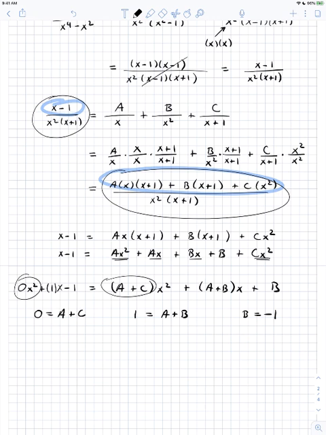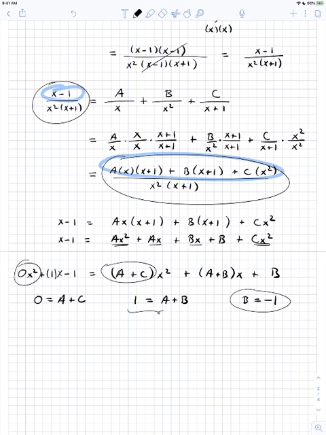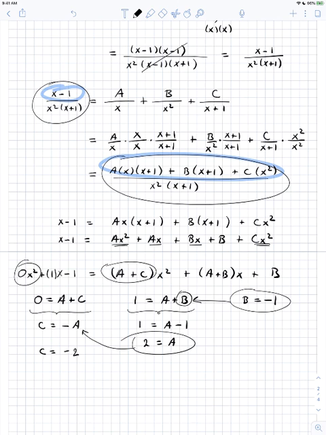And now we're essentially done because we have that b is equal to minus 1 already. The second equation here tells us that 1 is equal to a plus b, but we know that b is equal to minus 1. So we have 1 is equal to a minus 1, so 2 is equal to a. And over here in this last equation, we have 0 is a plus c, so in other words, c is equal to negative a, but a is equal to 2, so c is equal to negative 2.